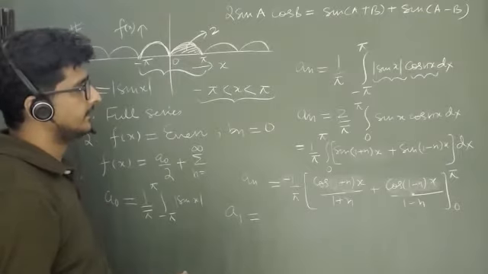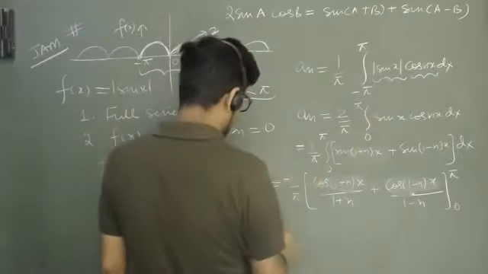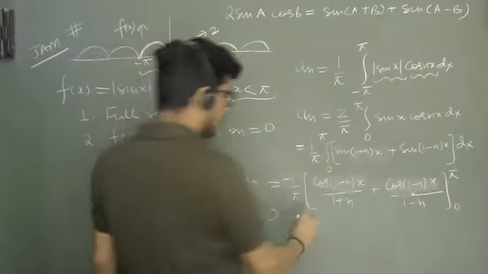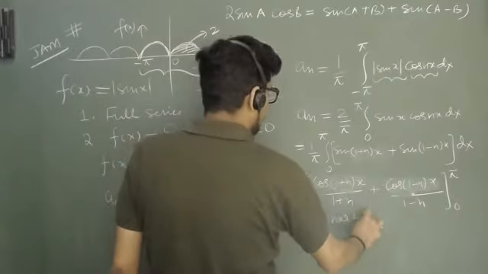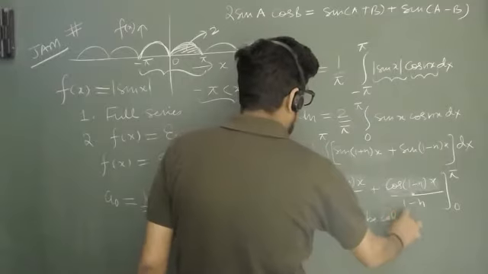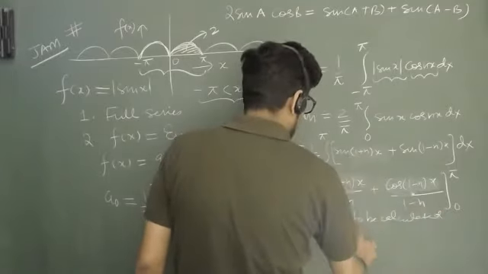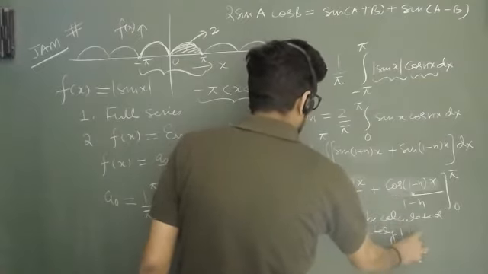Is that okay? And because of the symmetry, you can see that it will become 0. So this is a very important point. N is equal to 1 has to be calculated separately. Is this okay?